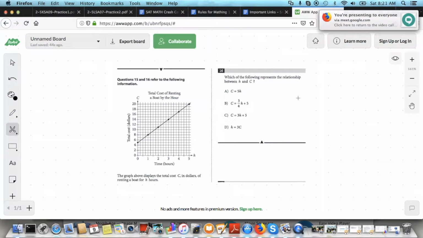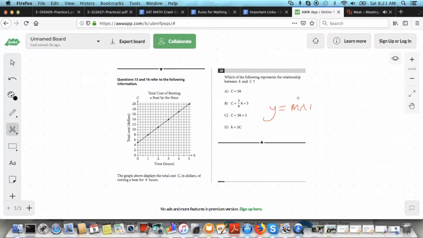So when I say y equals mx plus b form, it's like this: y equals mx plus b. That's where the m value is the slope, or the rise over run, and then the b value is the y-intercept. And in this case, it'd be the c-intercept. So the y-intercept is 5 right here. That's 0, 5.